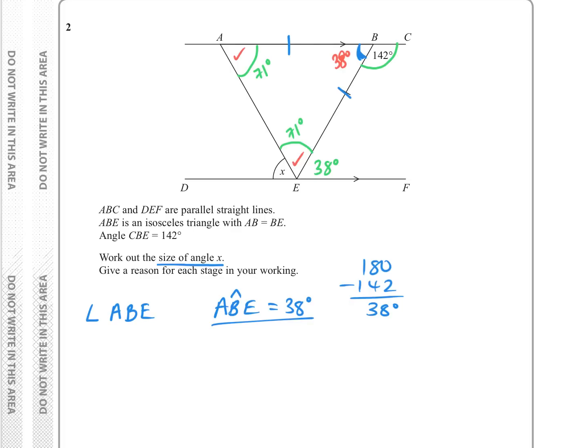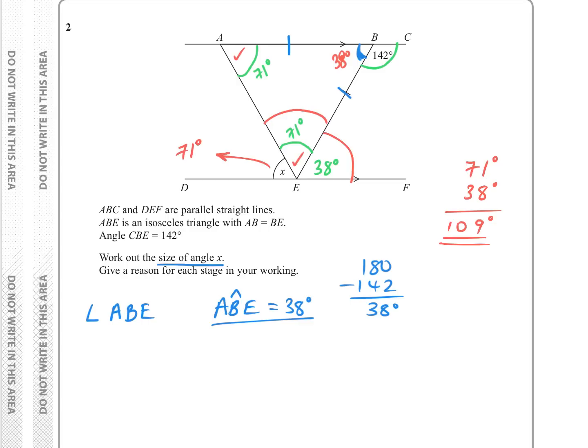So we've got all we need now, because we have this angle here as 71, this one here 38, and we know if we added those two up we'd get 109 degrees. So we've finally found X, and I'm sure you can see that's now 71 degrees.